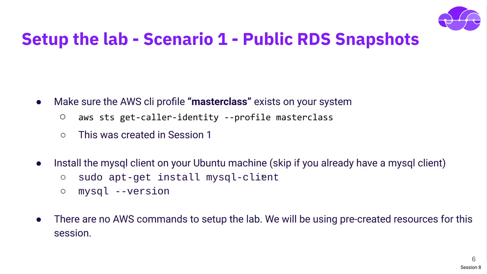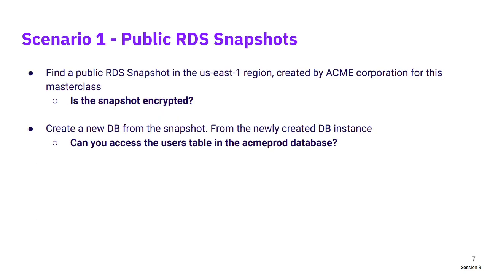If you've got the client, let's get started. The first scenario is actually quite simple, but it requires navigating through the AWS RDS console, and I'll do that on screen as well. Your task is to find a public RDS snapshot in the US East 1 region created by Acme Corporation for this masterclass.